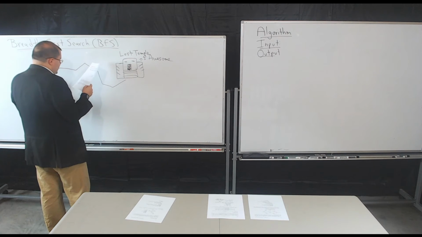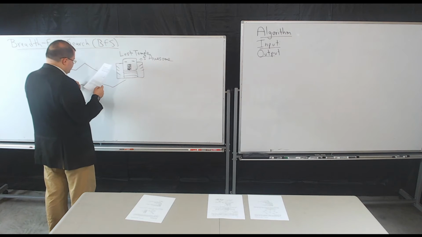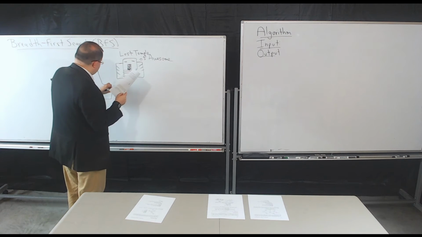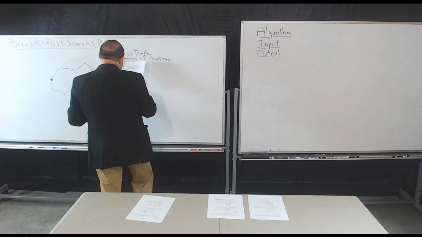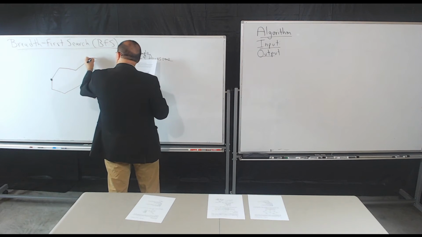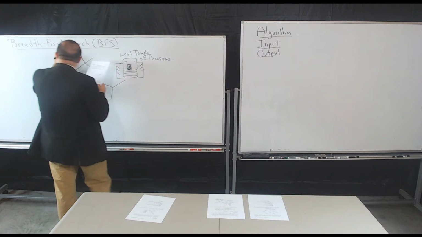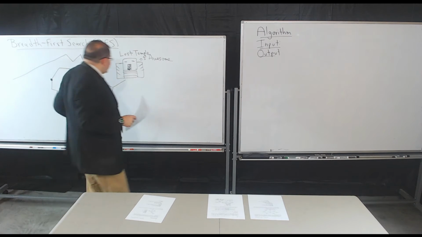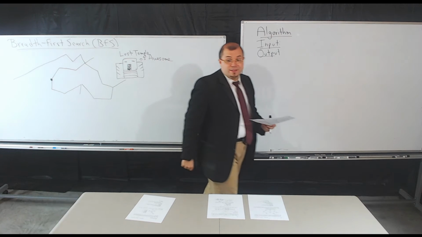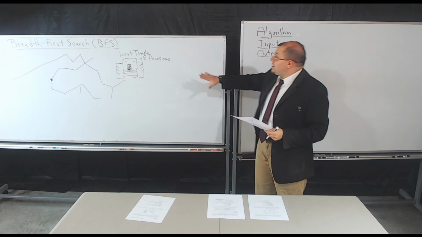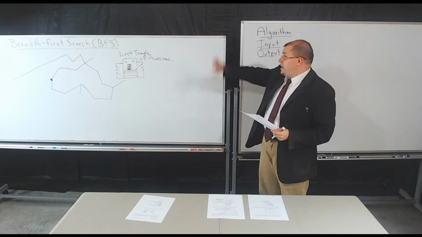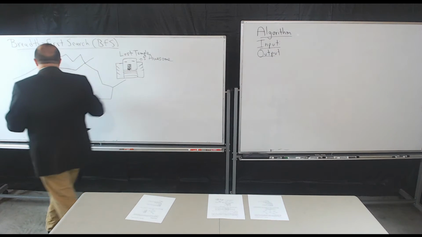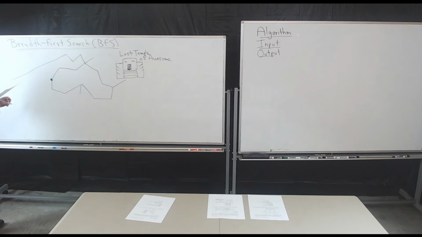And say there are just some paths that I can take, and then maybe there's some other path that goes off this way. Say I start there at the black dot and I want to find the Lost Temple of Awesome. This is a big jungle, and I really like exploring sometimes.